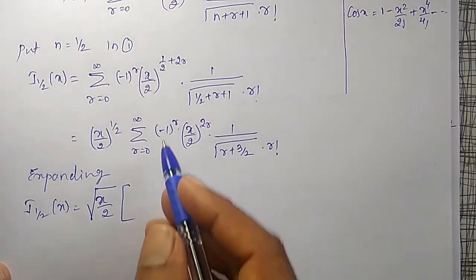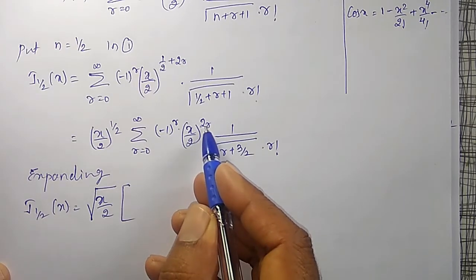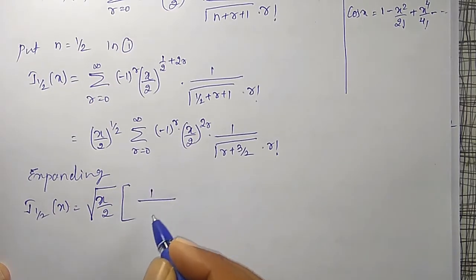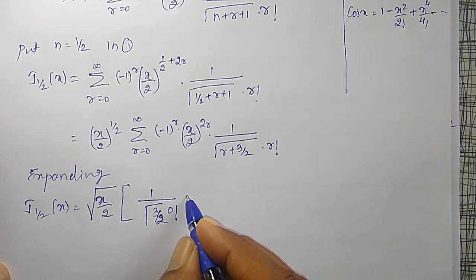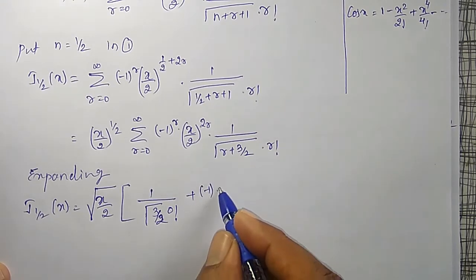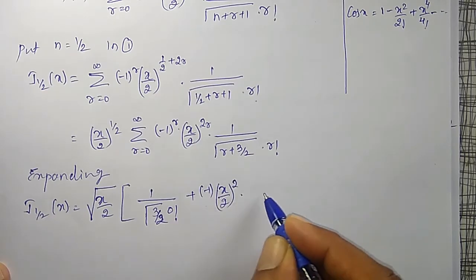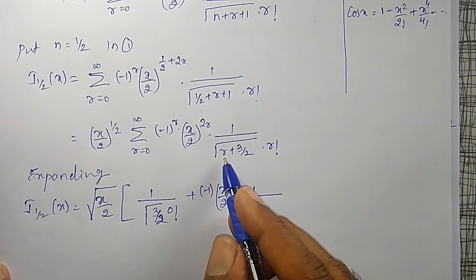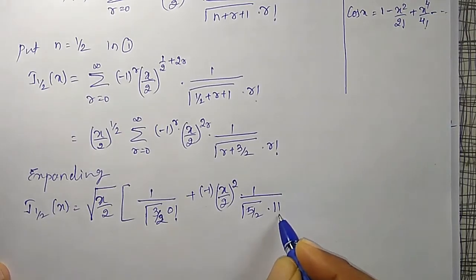r equal to 0 first. For r equal to 0, minus 1 to the power 0 is equal to 1. X by 2 to the power 0 is 1. Therefore, it is 1 divided by gamma function of 3 by 2, and 0 factorial is 1. Therefore, it is only gamma function of 3 by 2. Plus, r equal to 1 is nothing but minus 1 into x by 2 to the power 2 into 1 divided by gamma function of 1 plus 3 by 2, which becomes 5 by 2, into 1 factorial.